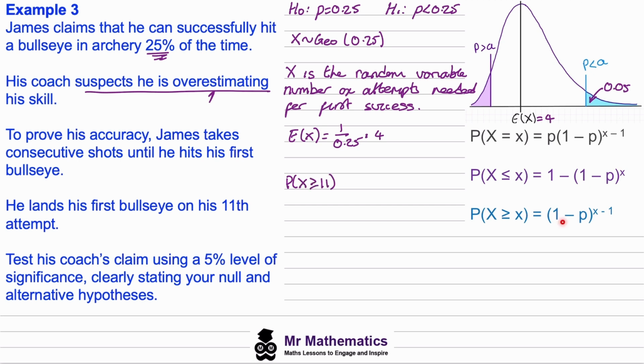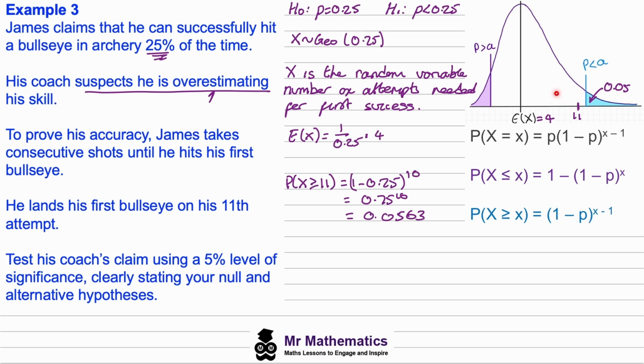And we can do that using this equation. So this will be (1 minus 0.25) to the power of x minus 1, which is 10. So we've got 0.75 to the power of 10, which gives us 0.0563 to 4 decimal places. So because this is greater than 0.05, we know it falls to the left, so about here somewhere.